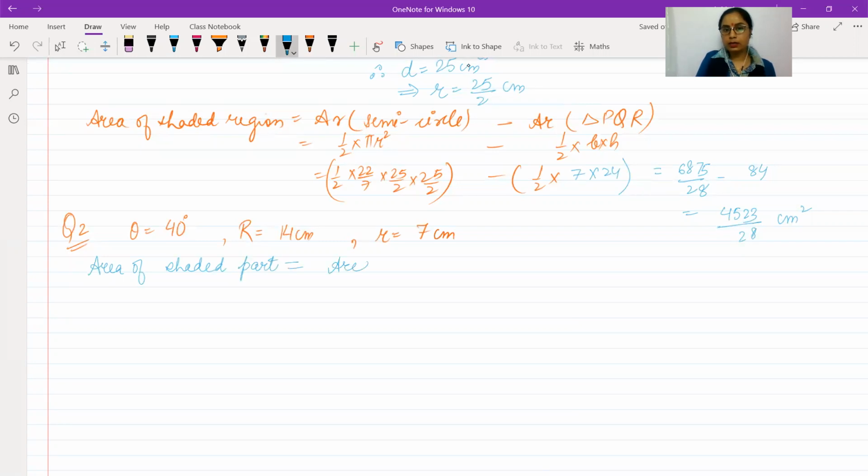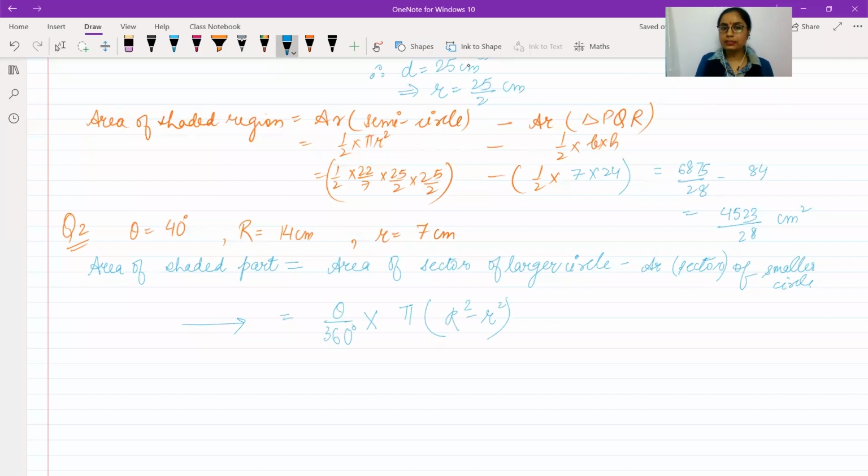This will be the area of the sector of the larger circle minus the area of the sector of the smaller circle. The formula reduces to theta by 360 multiplied by pi, R square minus r square.